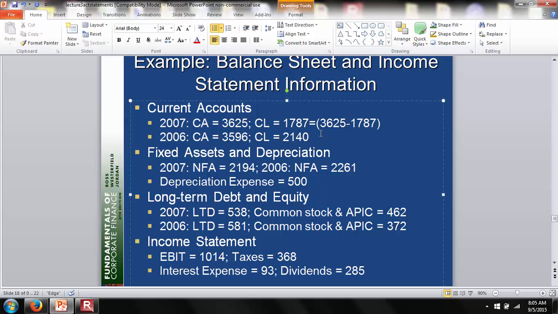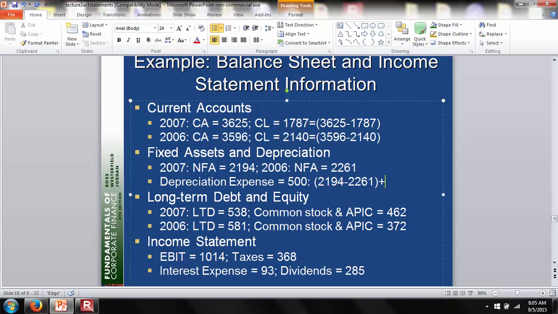And if you look at 2006, we want to do the same thing. So that is going to be 3,596 minus 2,140. Okay. And if you look at the fixed assets and depreciation, the fixed assets is 2,194 in 2007, and it was 2,261 the year before.